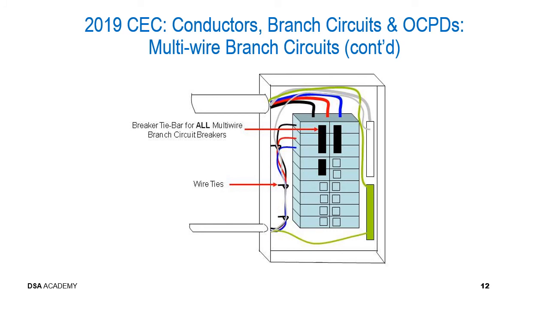In addition, all of those wires, all 4 of the wires, the 3 ungrounded conductors and the 1 grounded conductor, or the neutral, are all wire tied together, again, so that any maintenance personnel can quickly identify which conductors are associated with which circuit.